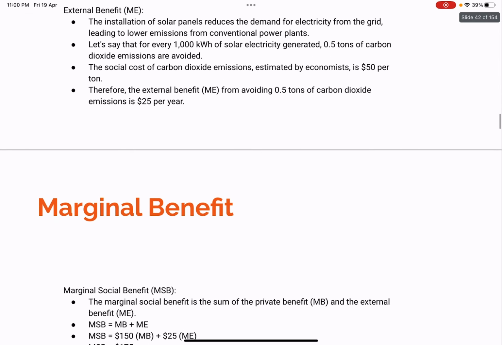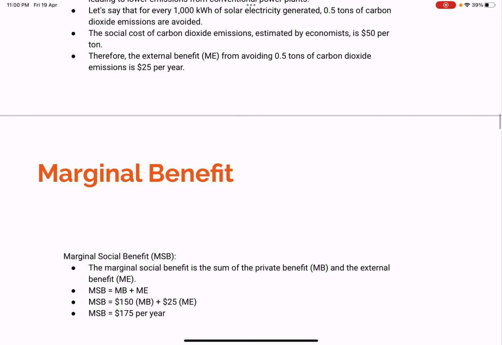And when you are adding one solar panel, that is going to result in a marginal increase in social benefit, and that is $25, whereas the marginal benefit of installing a solar PV panel was $150.